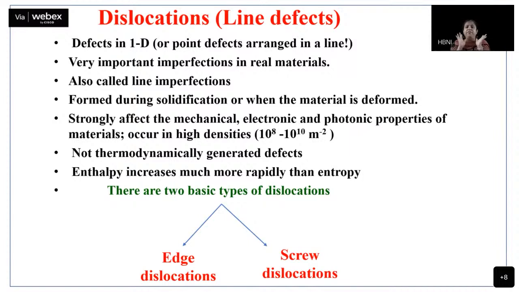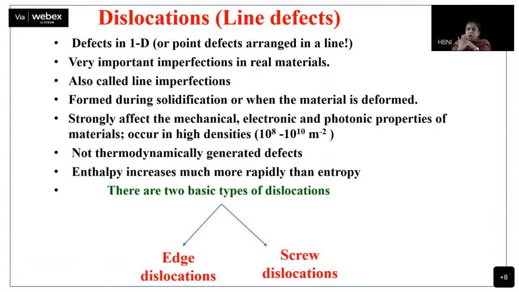Okay, a very, very important difference between your 0D and 1D defect, or for that matter, 0D and 2D defect. 0D defects, other than color centers, are thermodynamically formed defects. They make the crystal stable energetically. But your 1D defect or your 2D defect actually raises the energy of the system.